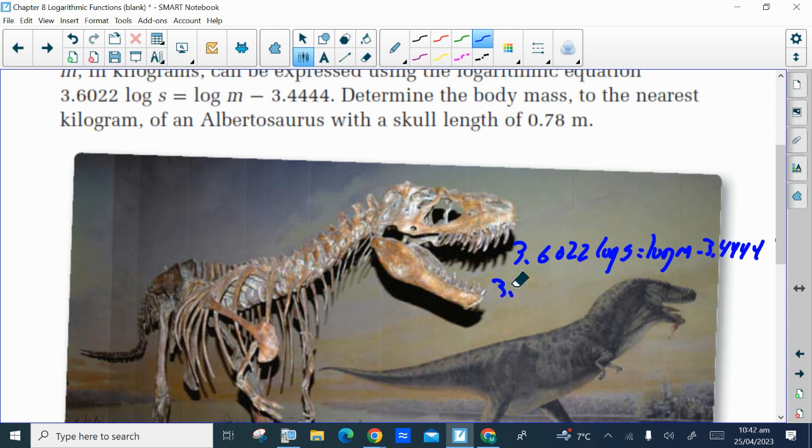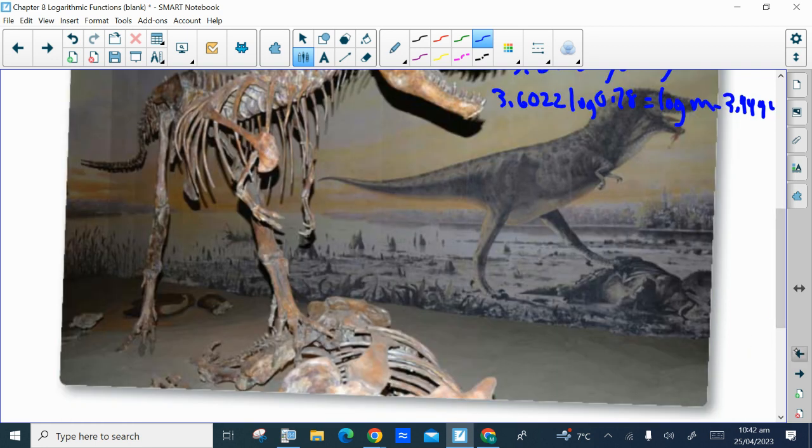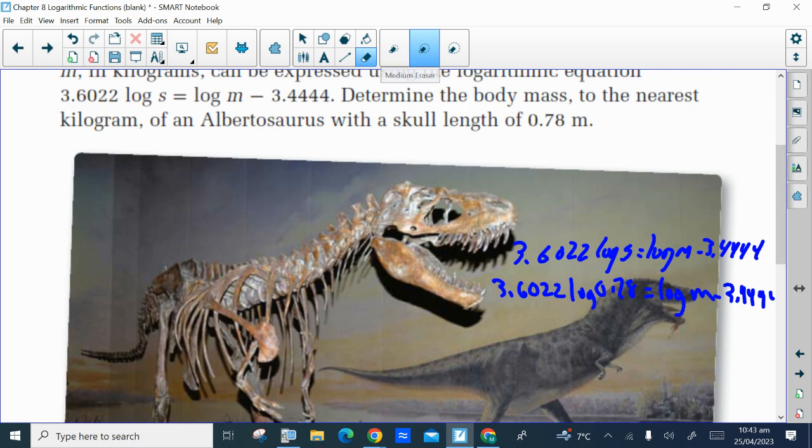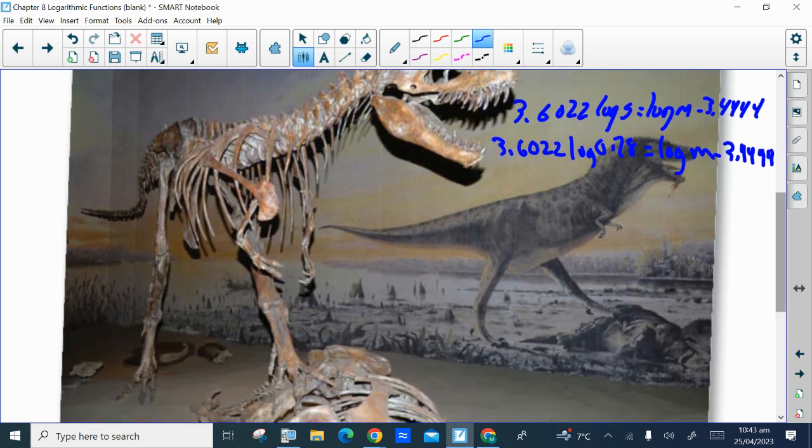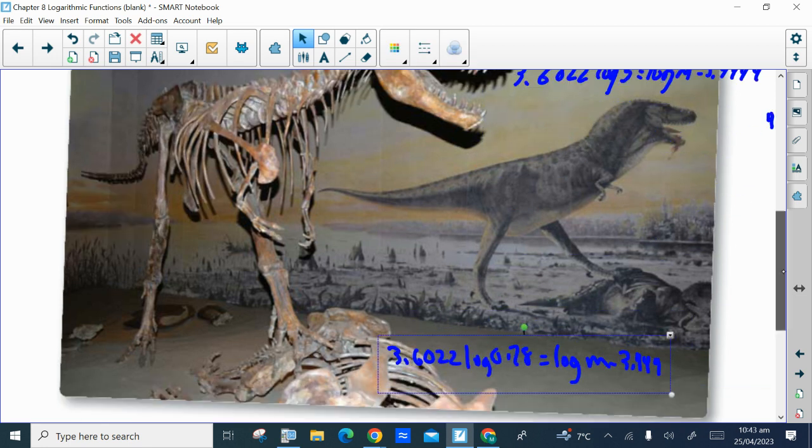That's S. And that equals log of M minus 3.4444. So let's move this down so we can see it better.